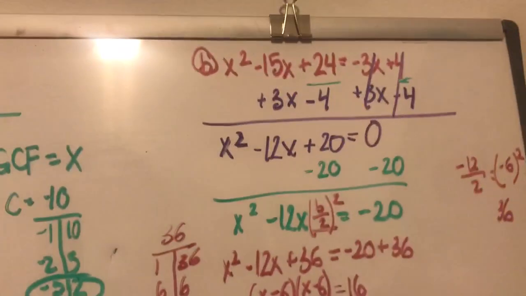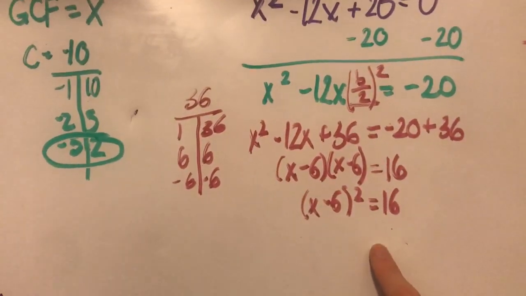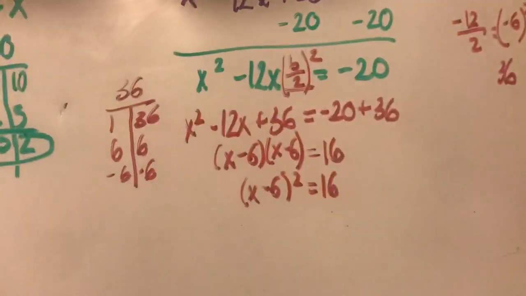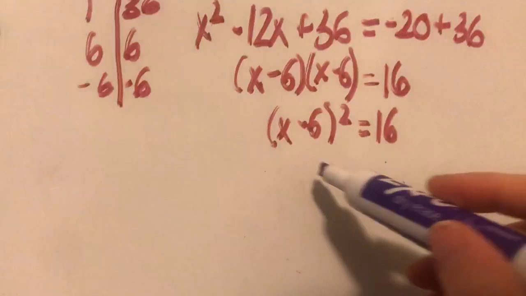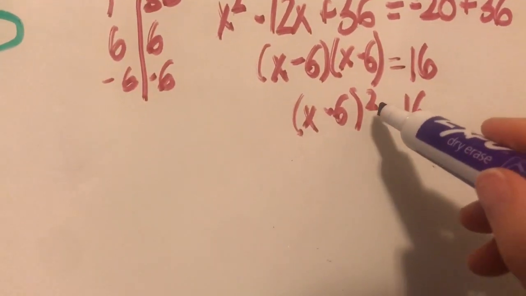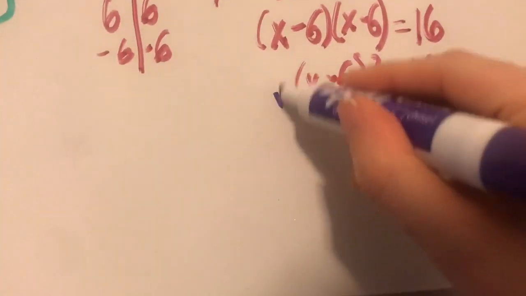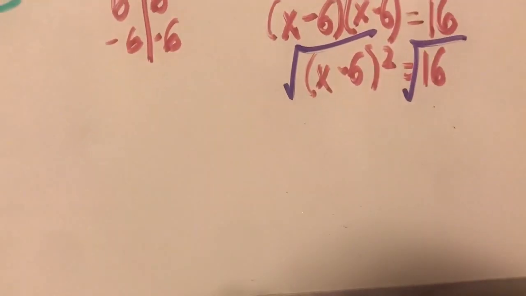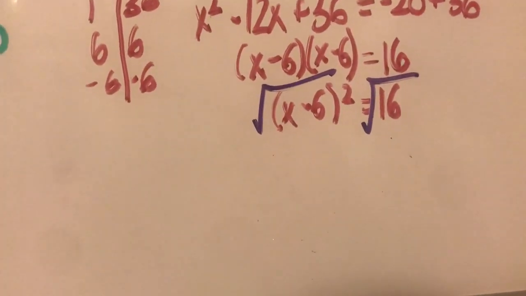You guys just completed the square perfectly, but I'm not done. Some of you guys yesterday stopped here. I need to keep going. I want to solve for x. So over here, I have this entire thing raised to the second power. I want to get rid of that exponent. The only way I can get rid of that exponent is by taking the square root of both sides, because I'm always trying to keep my equation balanced.